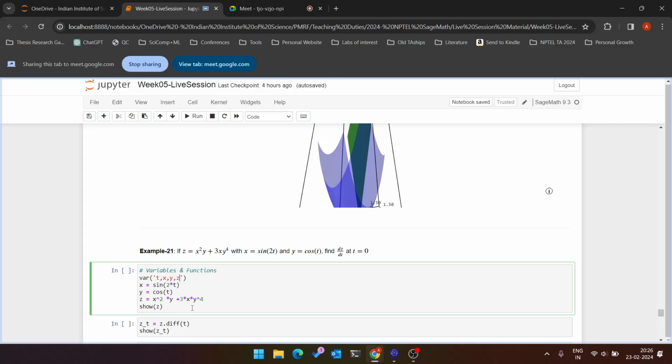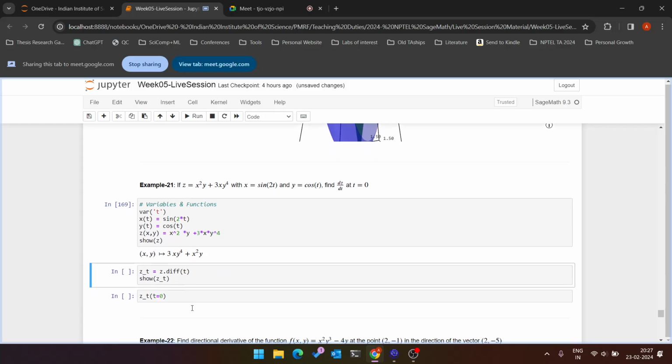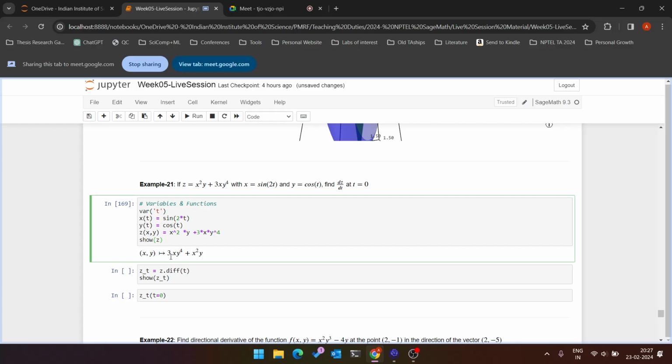Sorry, the variable is only our parametric variable, which is x of t and y of t, and my z is basically 3x raised to 4 plus 3x into y raised to 4 plus x square y.